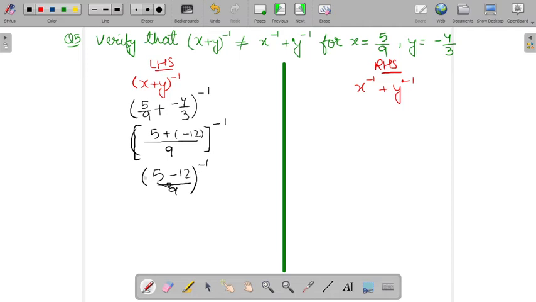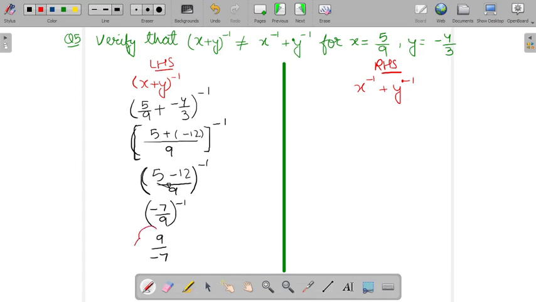Now solve it: 5 plus minus 12 upon 9, and its reciprocal. What should be the next step? You have to solve the bracket first. So it would be minus 7 upon 9, reciprocal. Okay. Now you will find out the reciprocal of minus 7 by 9. It would be 9 upon minus 7.